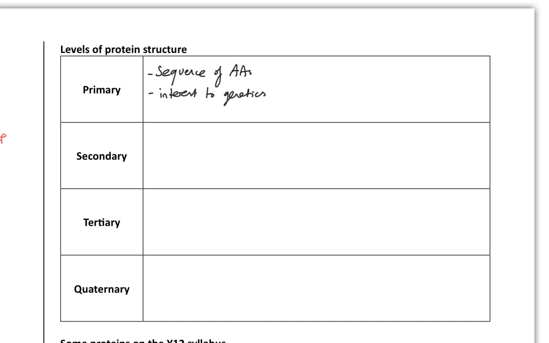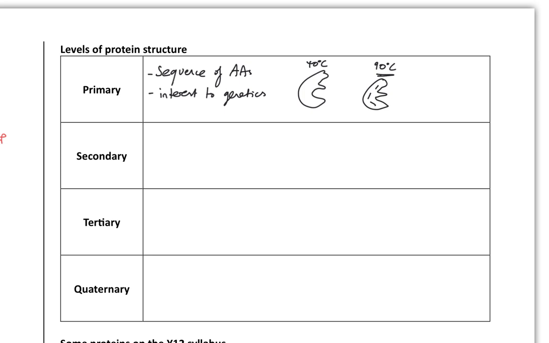For example, if you've got an enzyme that denatures quickly at, say, 40 degrees C, and I want it in my washing machine to do a nice hot wash to get the whites whiter, and I don't want my enzymes to denature, then maybe you could replace some amino acids with those that contain sulfur and get a more heat stable enzyme that I can take up to 90 degrees C. They do it in industry as well, so I've got the same active site, but it's now got disulfide cross bridges holding its active site, and therefore you can make more of a product from an enzyme controlled reaction.